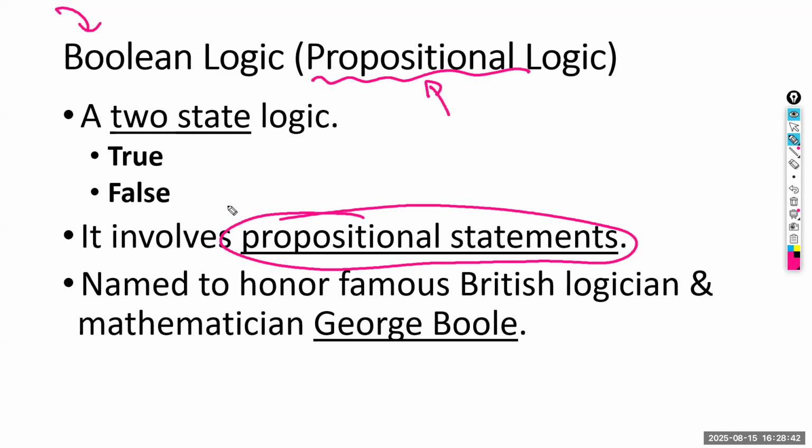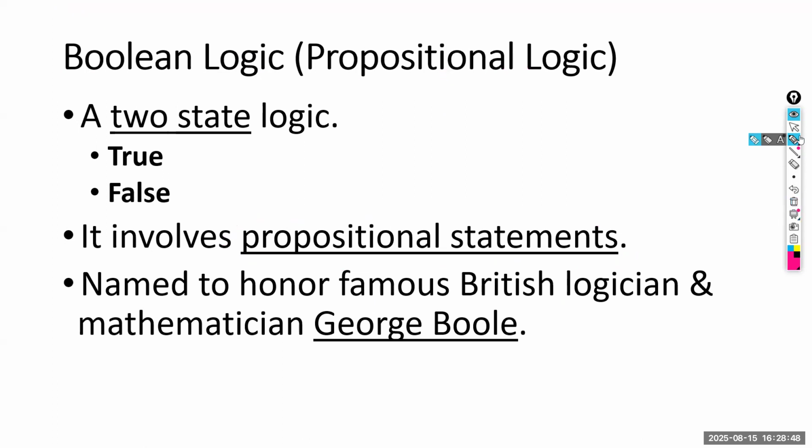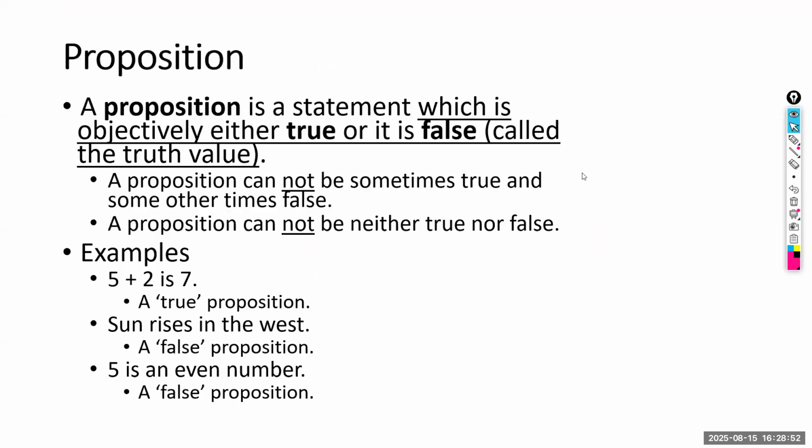So what is meant by a propositional statement? A propositional statement is a statement which is either true or false. I'm not just saying a statement which is either true or false. Either it is true or it is false.